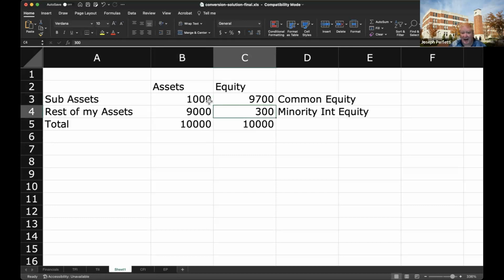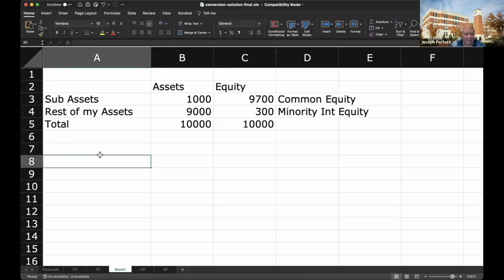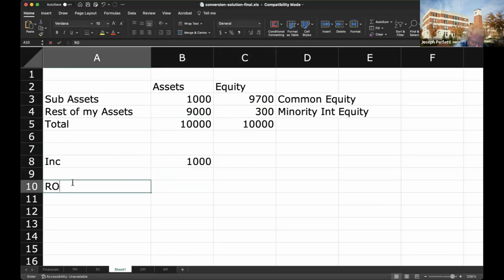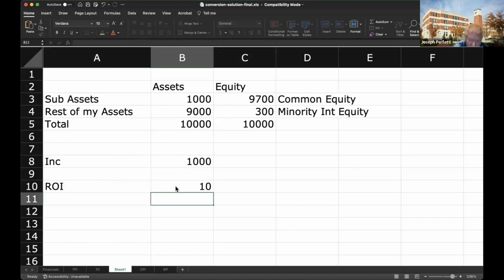Okay, same thing. I make income on the 10,000. All right, so I make income of 1,000. So my ROI is 10%. Okay, 10% equals 1,000 divided by the 10,000.